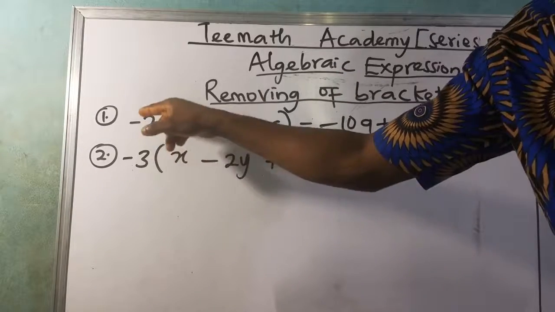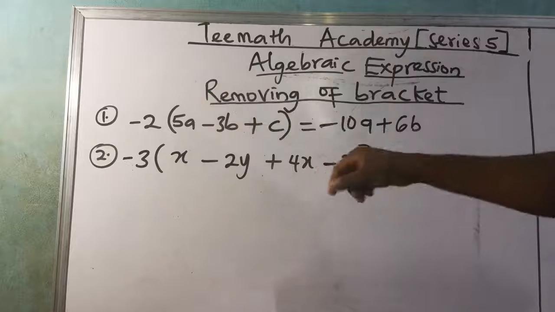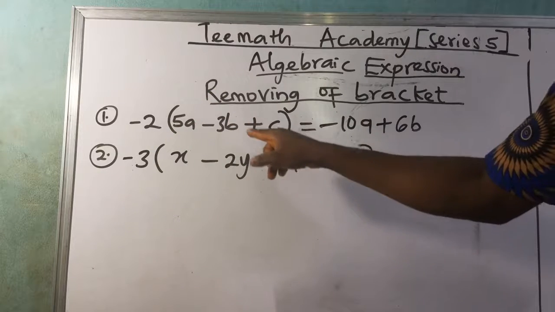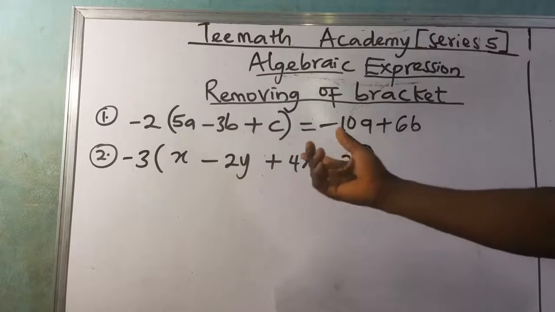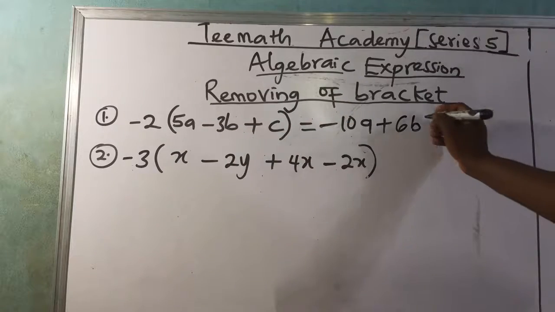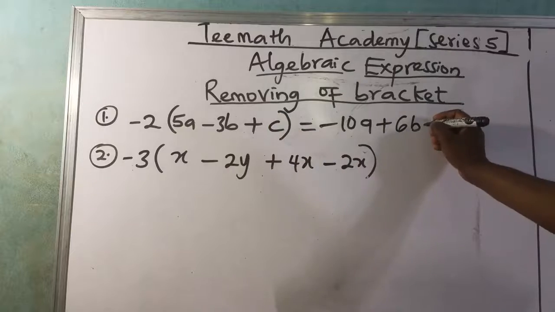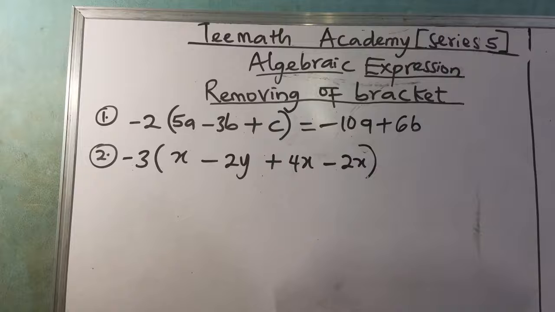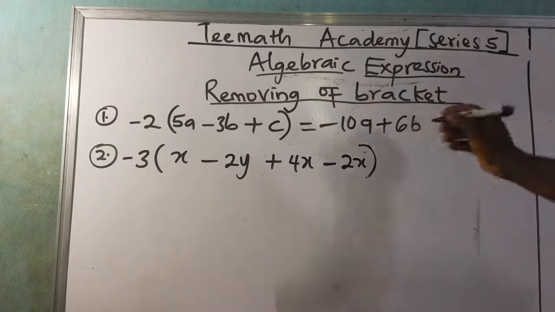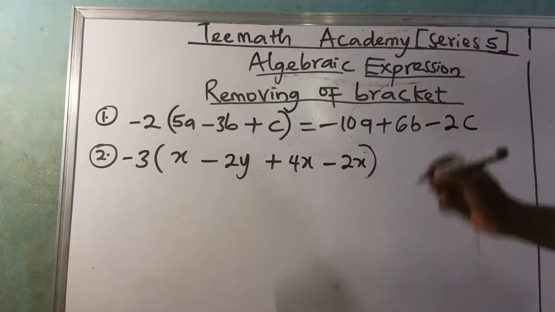This one is not 2, it is minus 2. You must detect the sign. So minus 2 times plus c. Minus times plus, different signs, that's minus. So 2 times c is 2c, so minus 2 times c is minus 2c. That 2c has a minus sign. So that will be minus 2c.